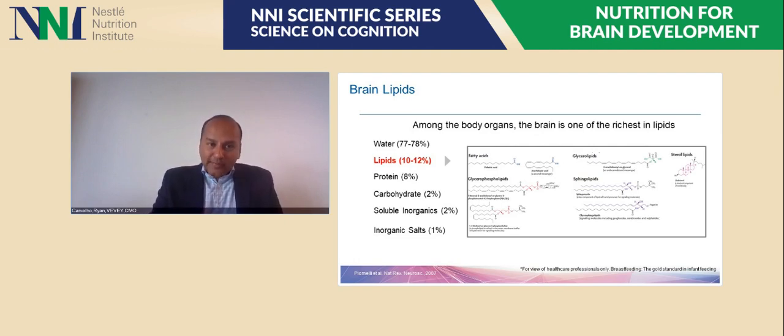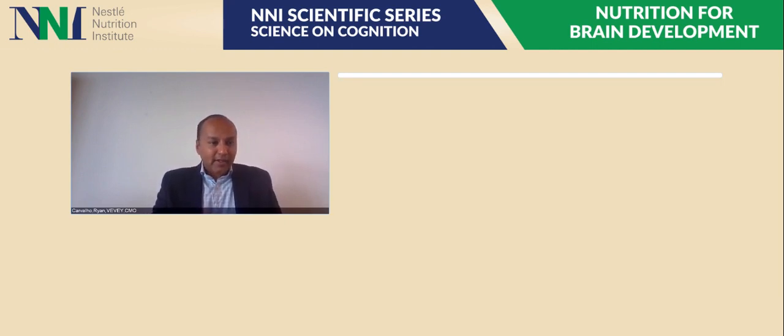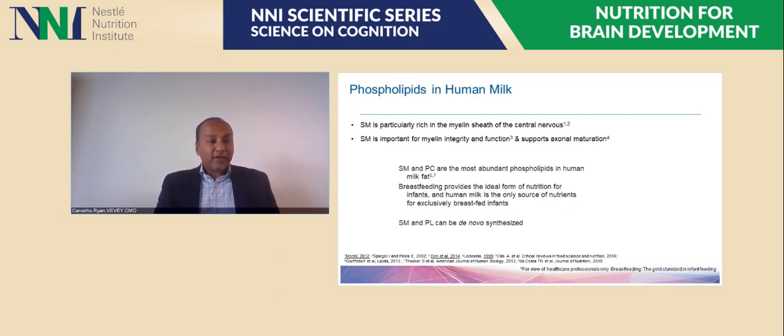And when we look more specifically at human milk, what we learn is that sphingomyelin, which is particularly rich in the myelin sheath of the central nervous system, and as we've seen from previous slides, is very important for the integrity, function, and for fast and efficient communication across the neurosystem of the brain, that both of these, sphingomyelin and phosphatidylcholine, are among the most abundant phospholipids in the human milk fat.